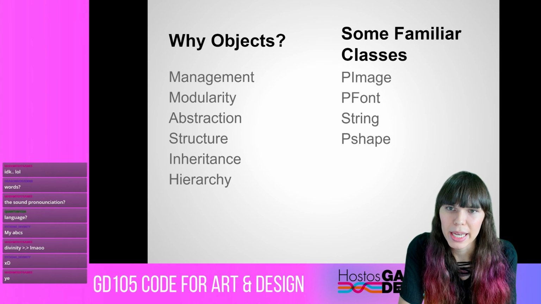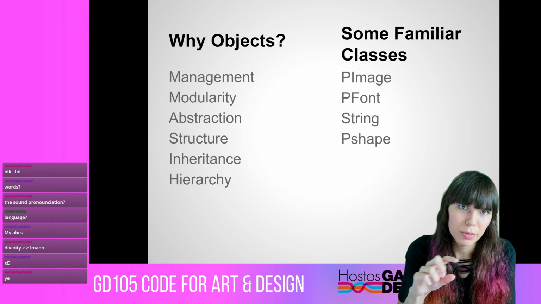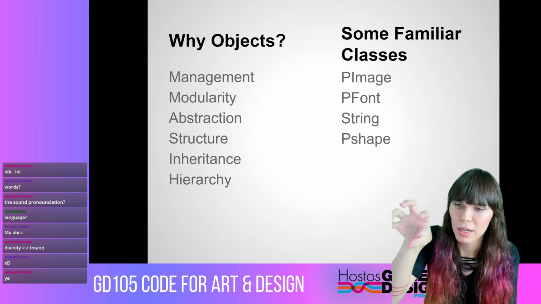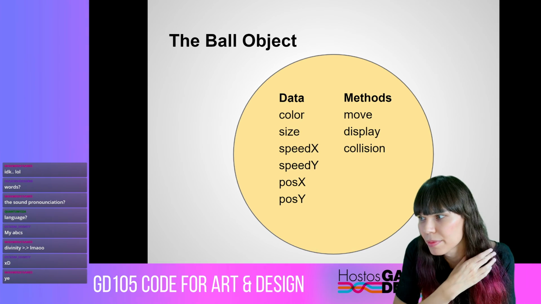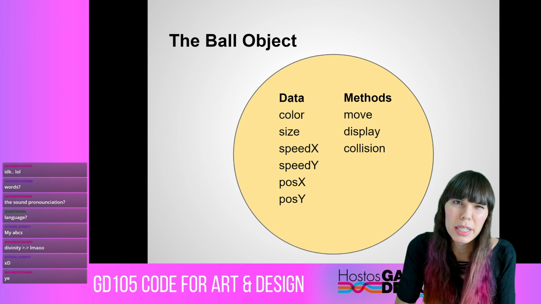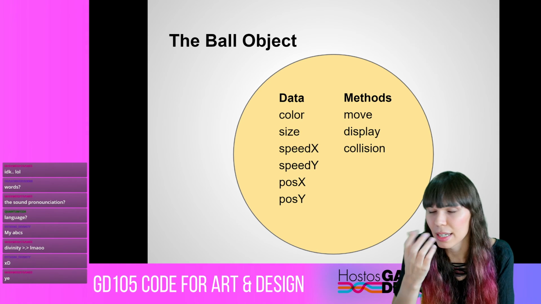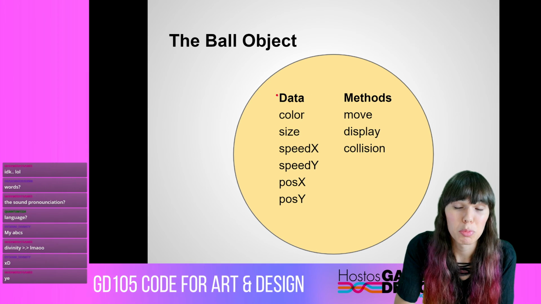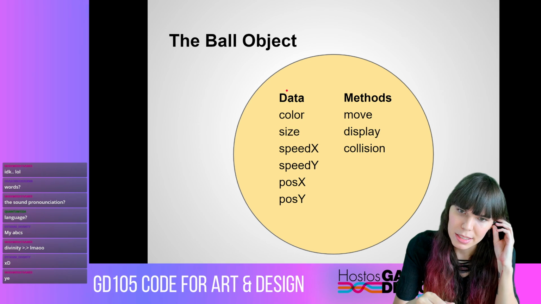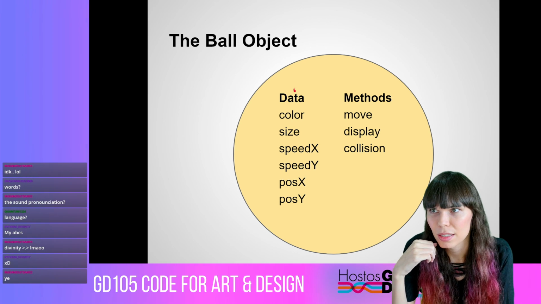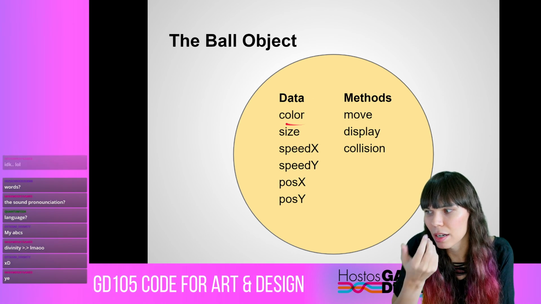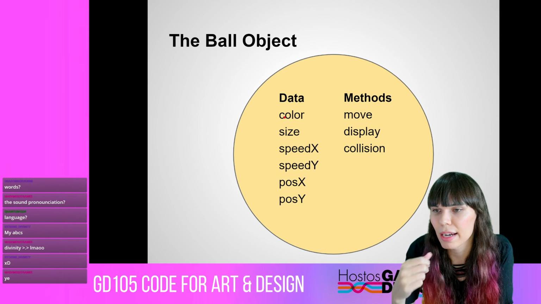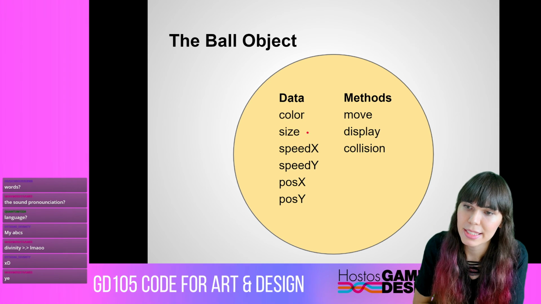Let's say we've been doing lots of things with circles, or a ball that moves around the screen. We might think about some of the data points of a class of ball. By data, I'm just talking about properties. What kinds of things do all ball objects have in common? They all have colors. They might not be the same color, but it's a quality they have. They might all have a size.